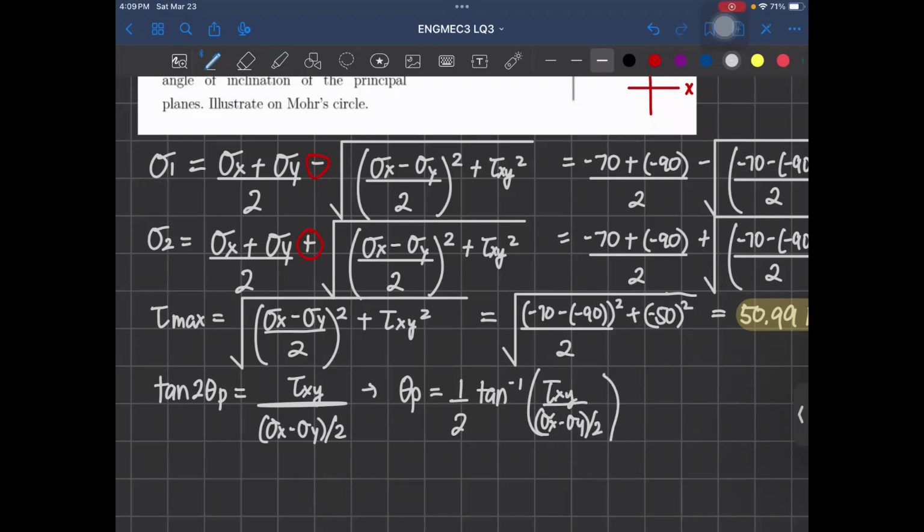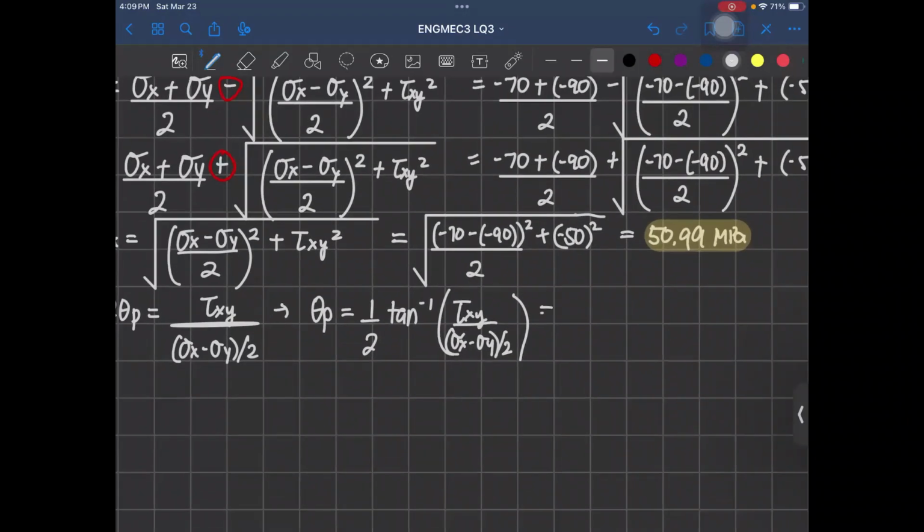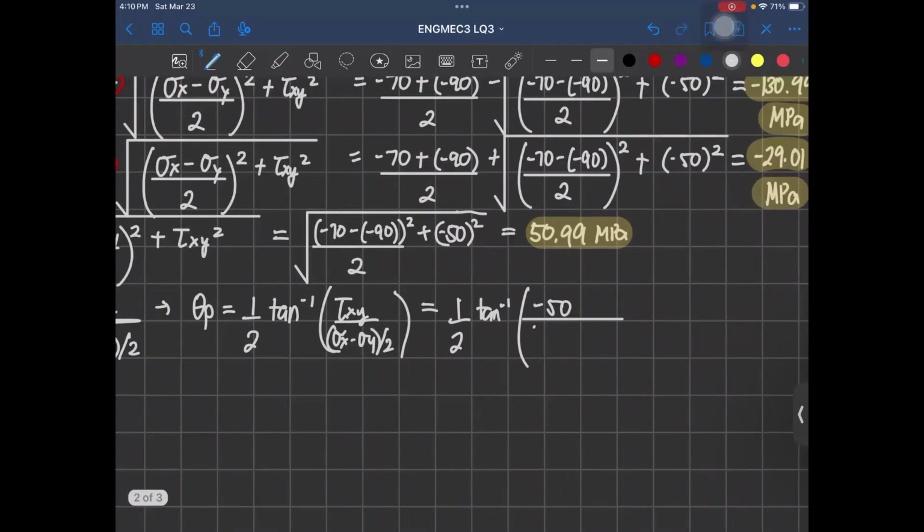So that's the equation. So 1/2 arctan of negative 50 over negative 70 minus negative 90 over 2.